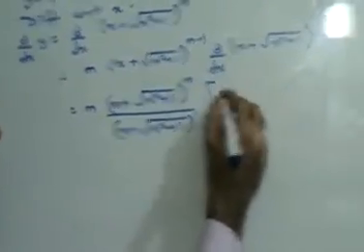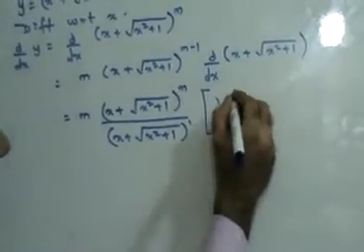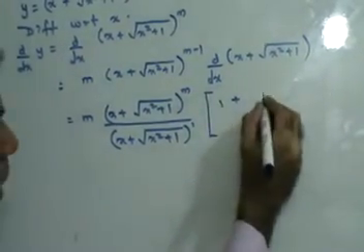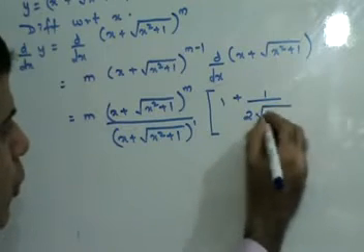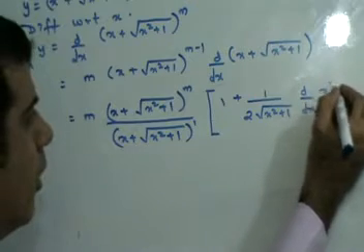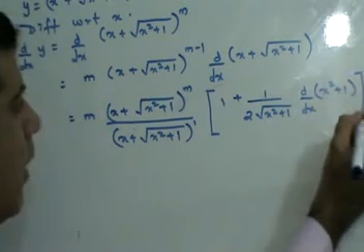Moreover, here d by dx of x is 1 plus d by dx of root u is 1 upon 2 root u d by dx of u, right?